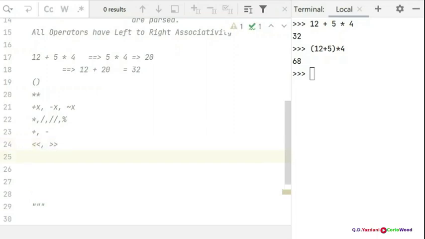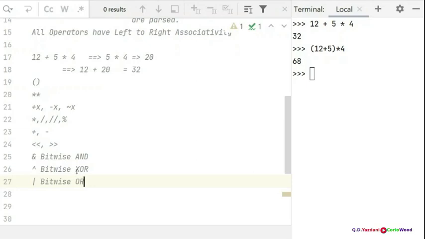The next one is bitwise AND, then bitwise XOR, which you can also write in uppercase, and then this pipe is going to come here as bitwise OR.